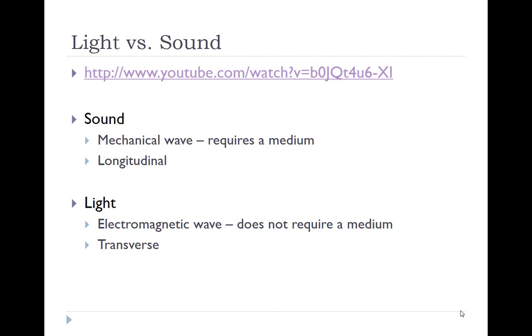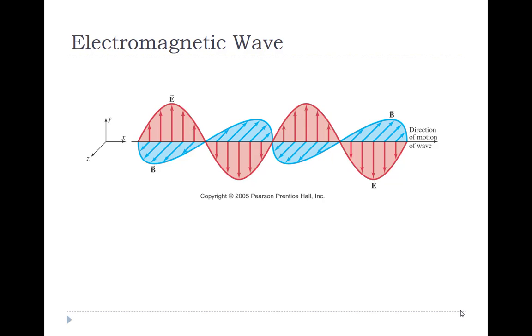Electromagnetic waves are transverse waves as opposed to longitudinal. So the thing you should be asking here is, okay, well, no medium, what's oscillating? And it turns out the thing that is oscillating for an electromagnetic wave is the electric and magnetic fields. This is an artistic depiction of the oscillation of the electric and magnetic fields.